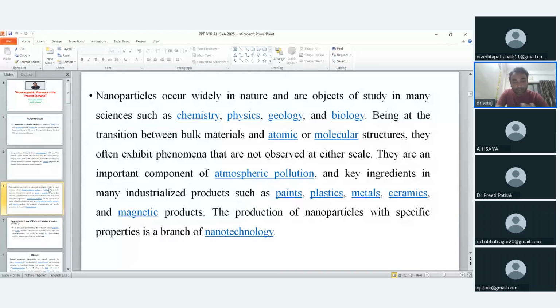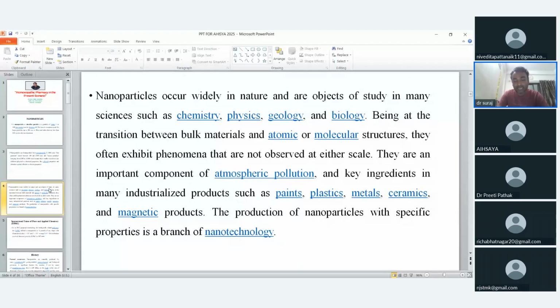So this is nanoparticles. So what is nanotechnology? Nanotechnology is the branch of science which deals with the formation, categorization, study, and basic properties of the minute structures, which are nanoparticles.